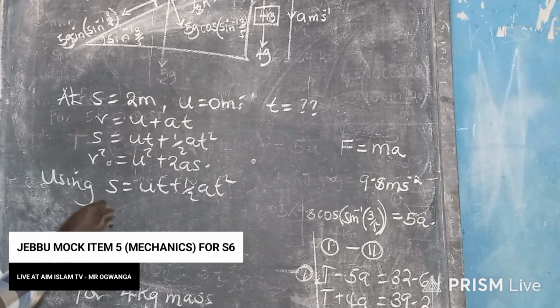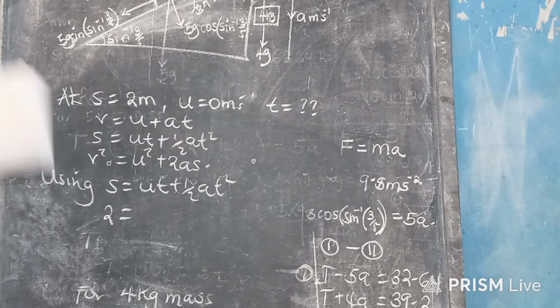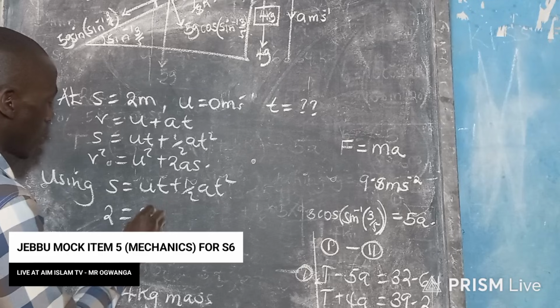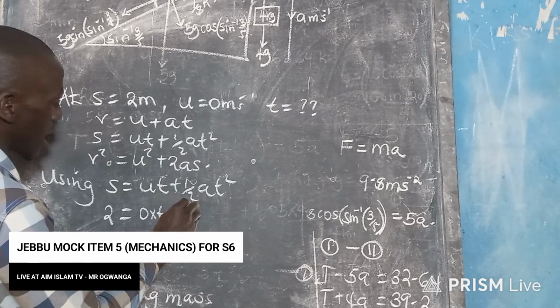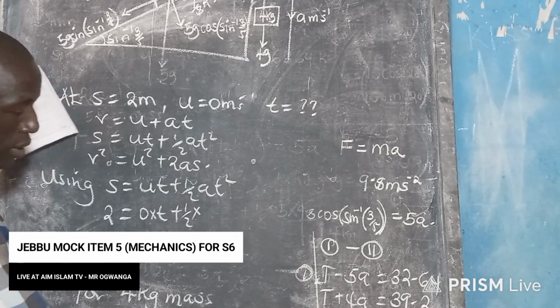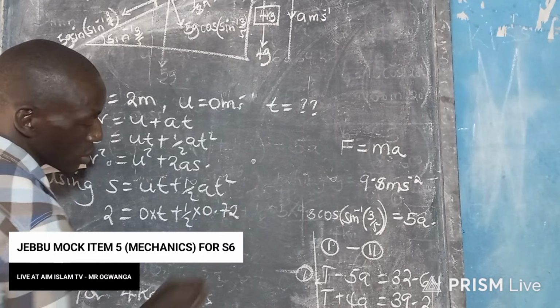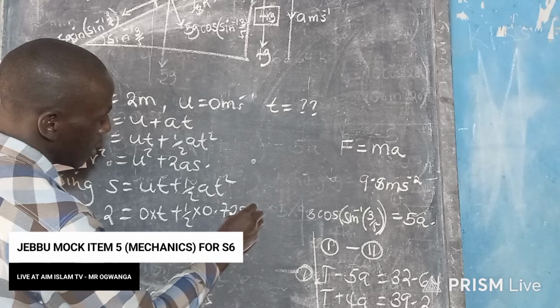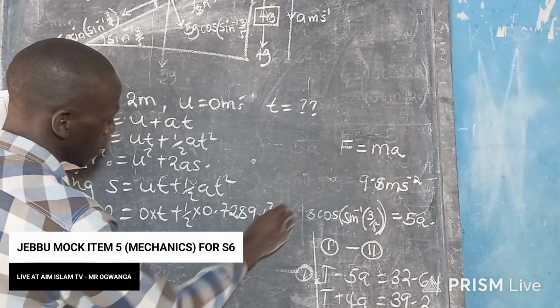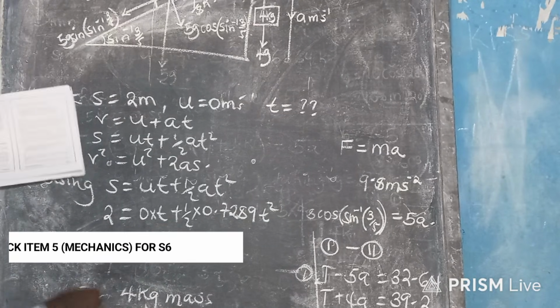So I substitute for my s, which is 2 meters. Our u is 0 times the t plus half times our acceleration. We are using what we have got, that is 0.7289, with t squared. So this one here will go.